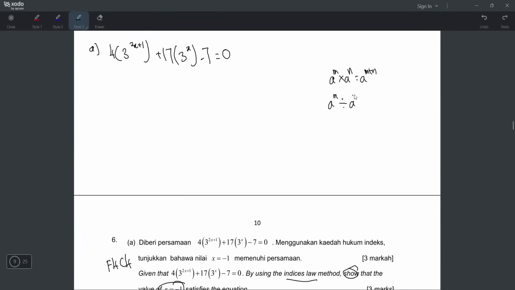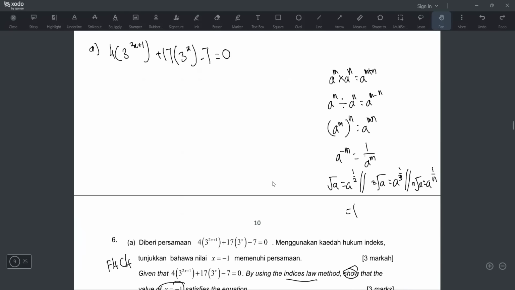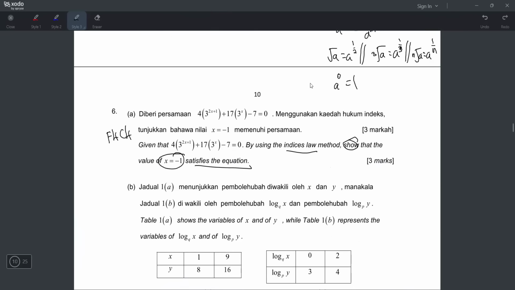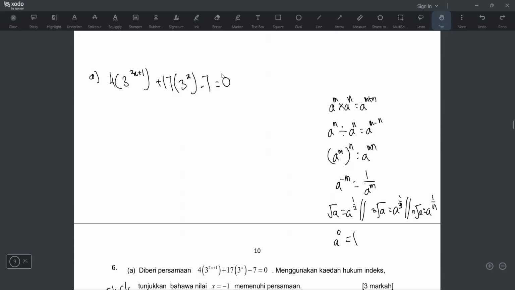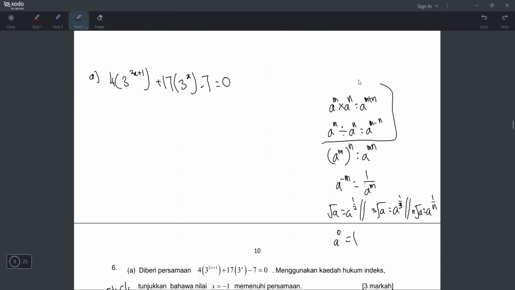If you have square root a, it is a power 1 over 2, and cube root a is a power 1 over 3. So n root a is a power 1 over n. And the last one I guess is a power 0 is 1. These are the basic laws of indices, but we only have to focus on these two.